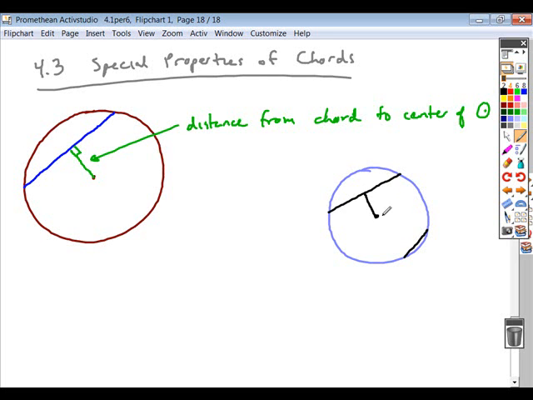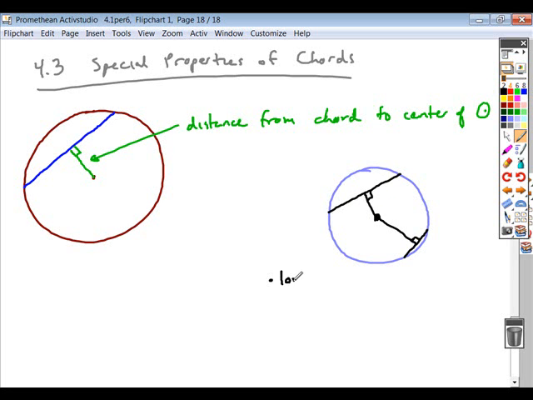If you look at these two distances here, assuming this is the center, what do you notice about the chord that's closer to the center of the circle compared to the chord that's further from the center of the circle? Is it longer or is it shorter? The closer you are to the center, the distance is shorter. And so when the distance is shorter, the chord itself is longer.